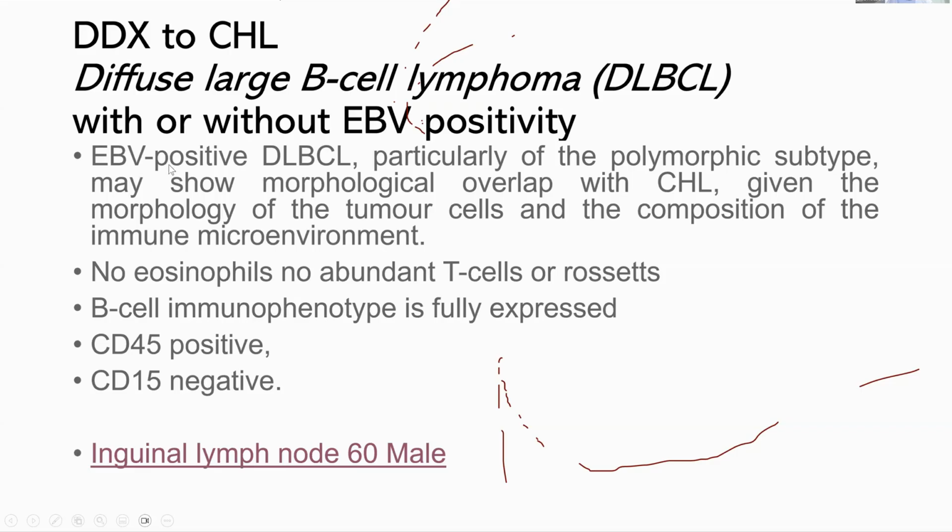The EBV positivity will just add to this confusion with classic Hodgkin's lymphoma. However, how you differentiate between these two entities: there will be no eosinophils, no abundant T cells or rosettes. There will be a diffuse population of B cells, and the B-cell immunophenotype is fully expressed. There will be CD45 positive and CD30 negative.